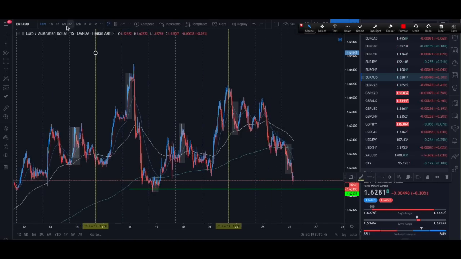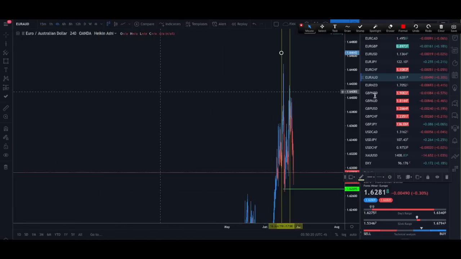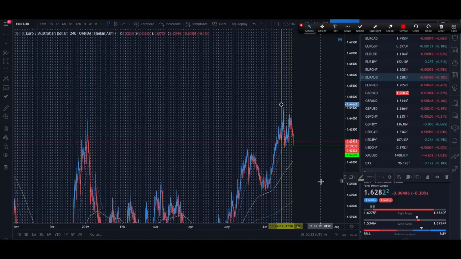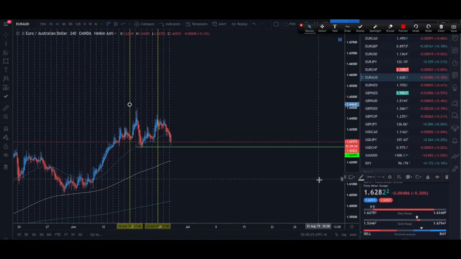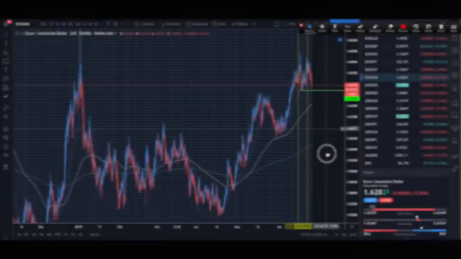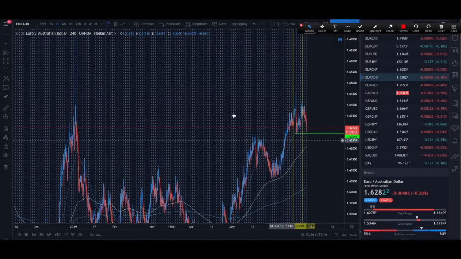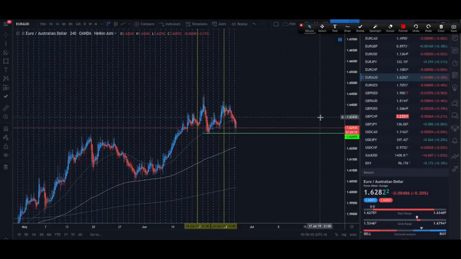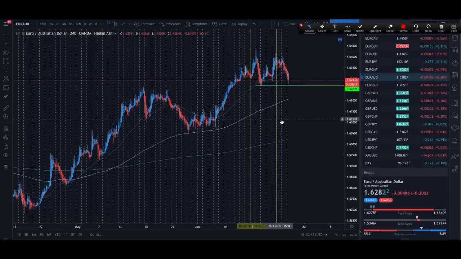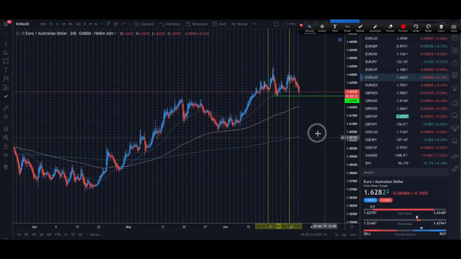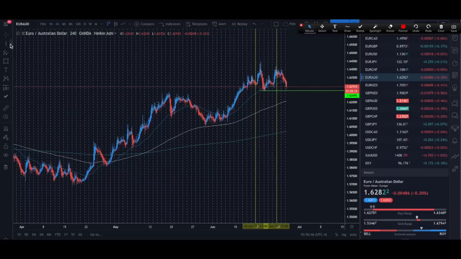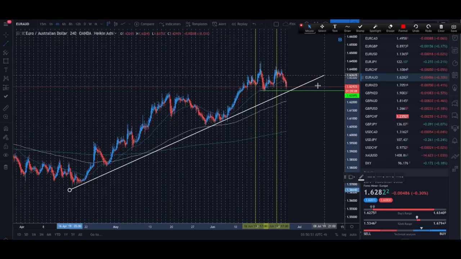If you go to the higher time frames, you see that it's basically at the highs already. And let's say traditional traders, you'll start to draw some Fib lines.